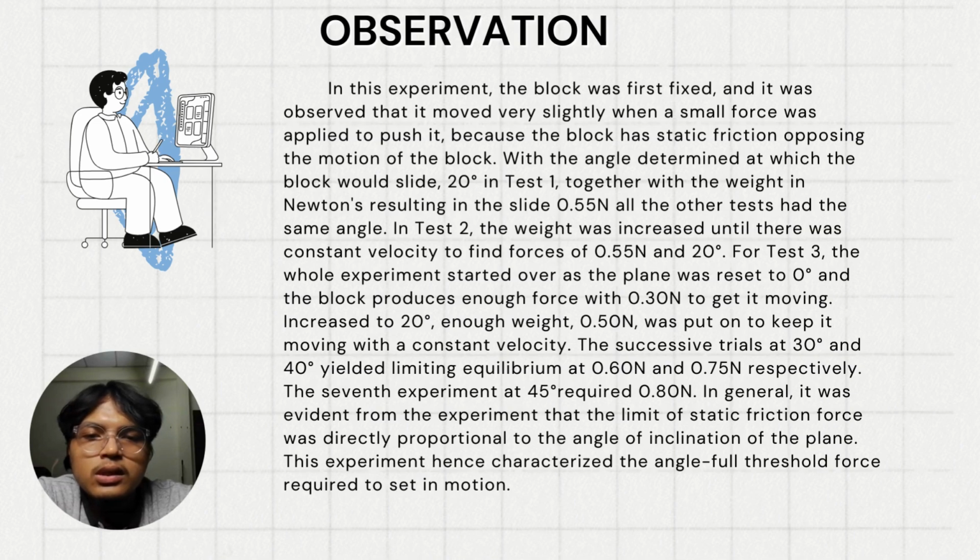Increased to 20 degree, enough weight, 0.5 newton, was put on to keep it moving with a constant velocity. The successive trials at 30 degree and 40 degree had limiting equilibrium at 0.6 newton and 0.75 newton respectively. The seventh experiment at 45 degree required 0.8 newton.